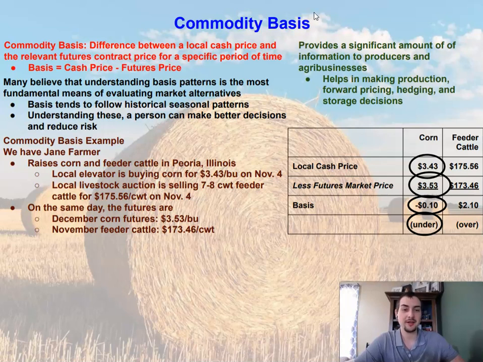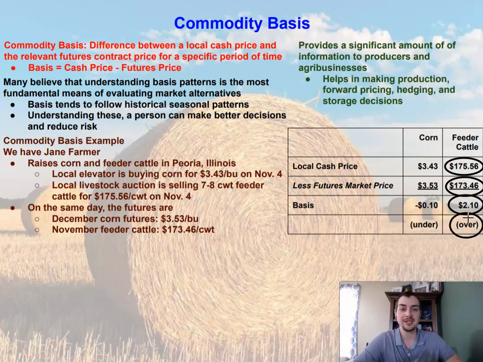So what about for the feeder cattle? The local market was $175.56, and the futures price is $173.46. We do that math: we take the cash minus the futures, and we get a positive $2.10. So we're at $2.10 over.